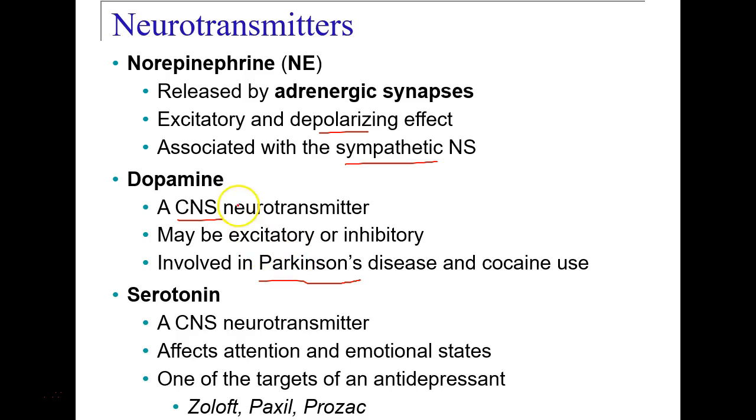So if we do not create enough dopamine, this is where Parkinson's disease shows up. Serotonin, again in the central nervous system, affects attention and emotional states. So if we do not create enough serotonin, this is where we may need antidepressants.